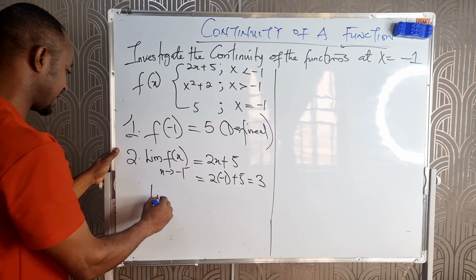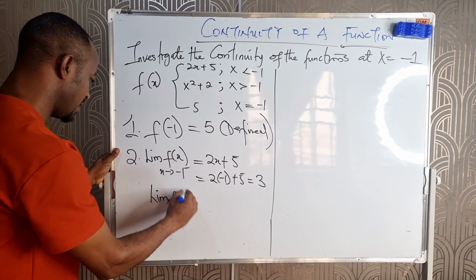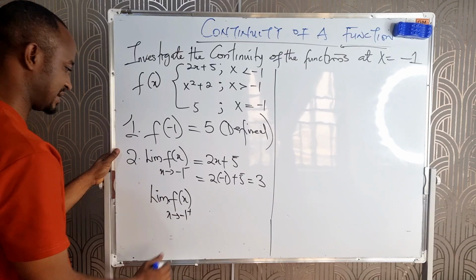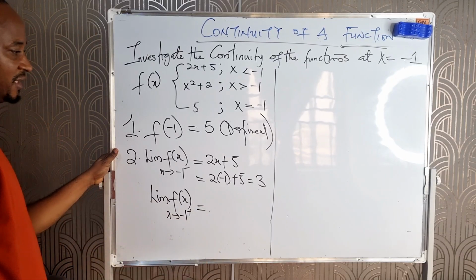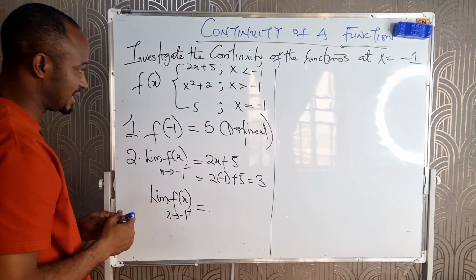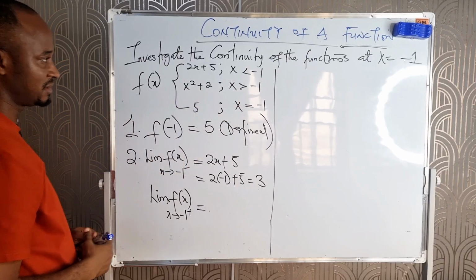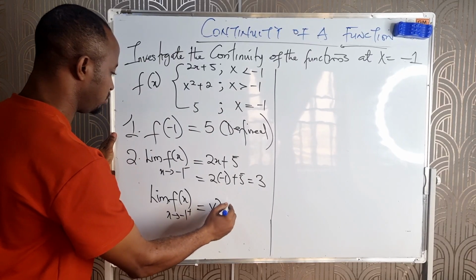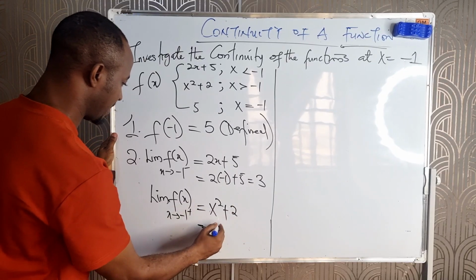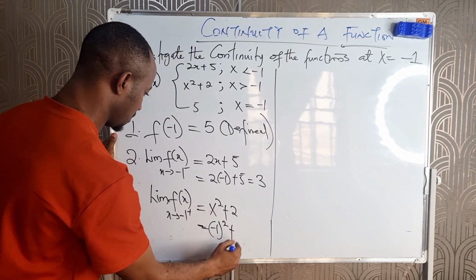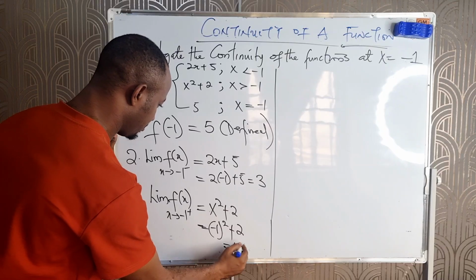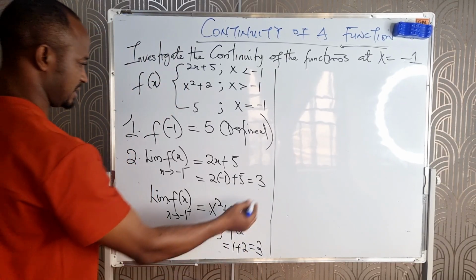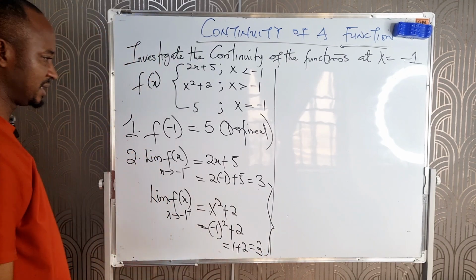Now the next step is to find the limit of f of x as x approaches -1 on the right-hand side. On the right-hand side, we're going to use x is greater than -1, which is x squared plus 2. That will give us (-1) squared plus 2. The result is 1 plus 2, which equals 3. Now what do you notice? The limit actually exists.